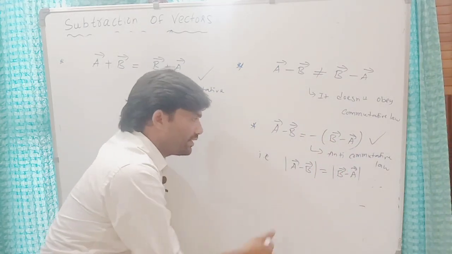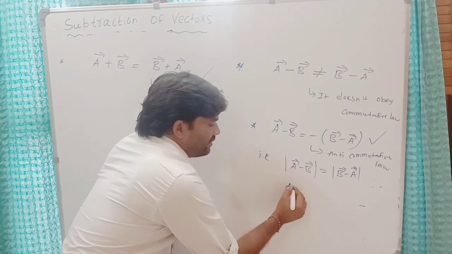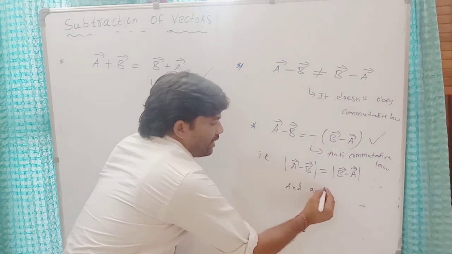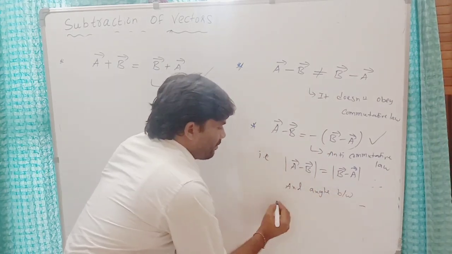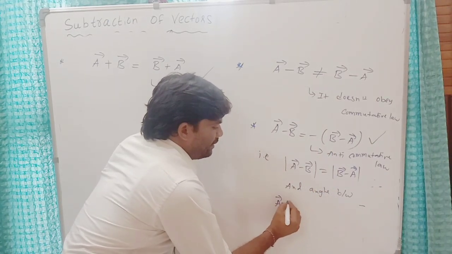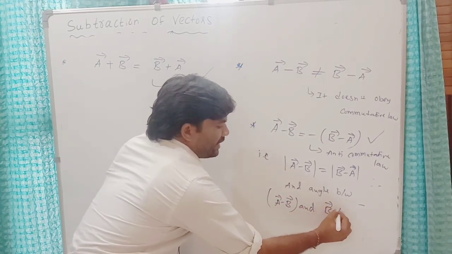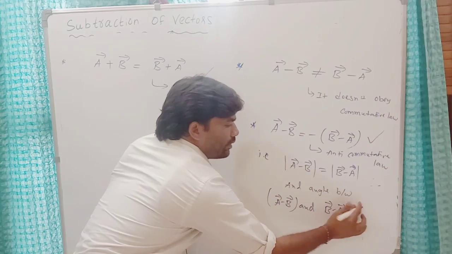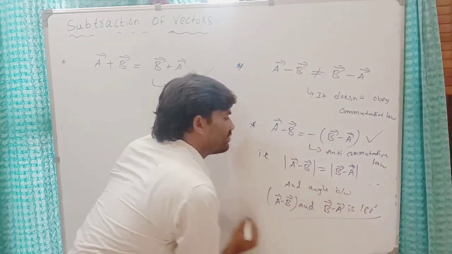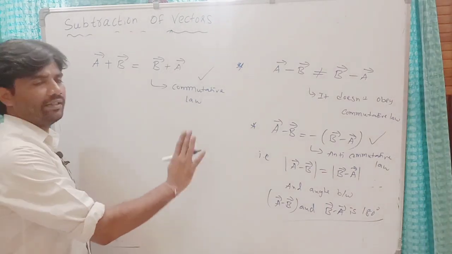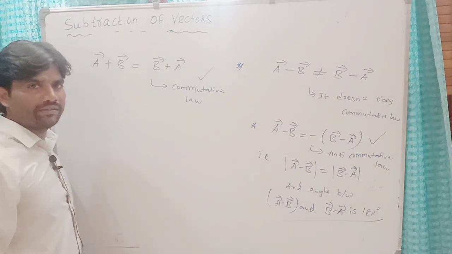You will get the opposite direction. And the additional information from this is that the angle between a minus b and b minus a is 180 degrees. That is the anti-commutative law in the case of vector subtraction.